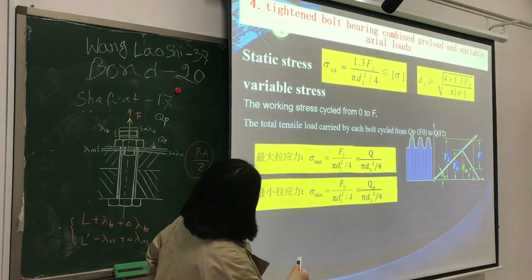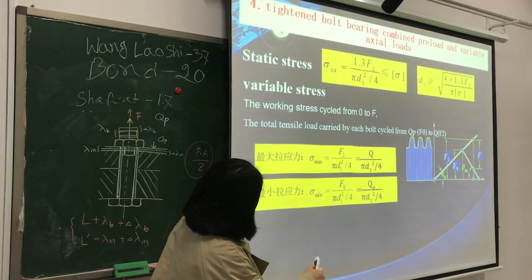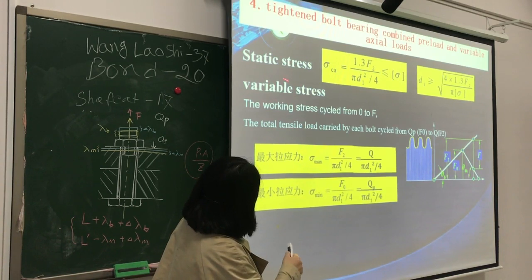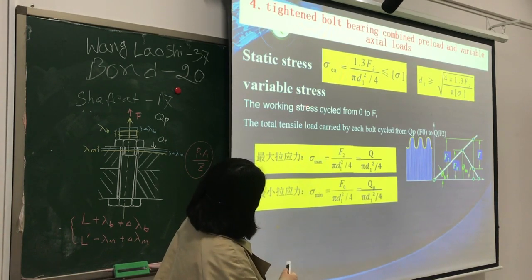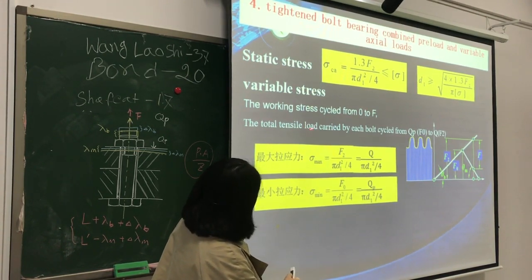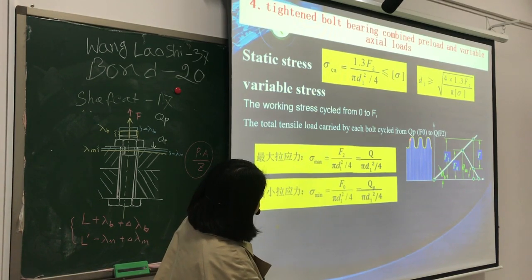So under static force, the sigma A should satisfy this. Under variable stress, the working stress cycles from 0 to F. F is this, and the total tensile load carried by each bolt cycles from Q P, when the working stress is 0, so it's the preload, to F2.